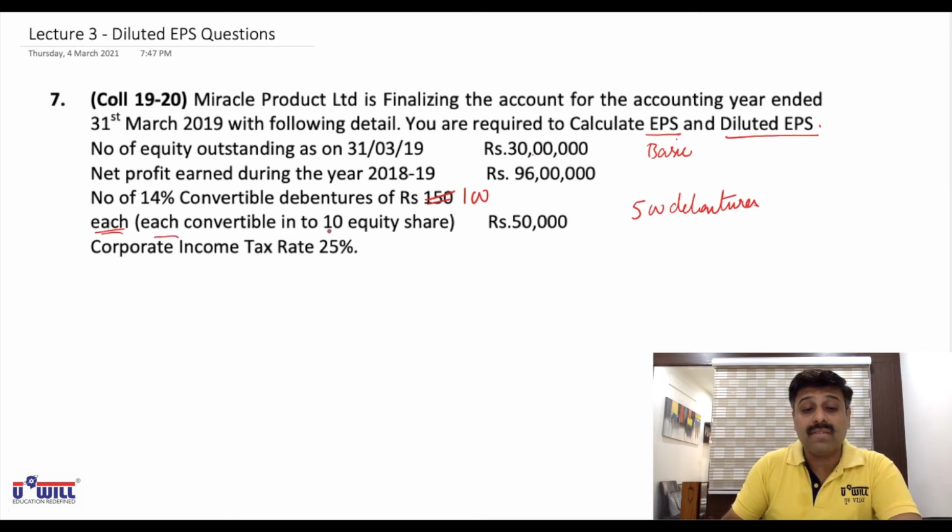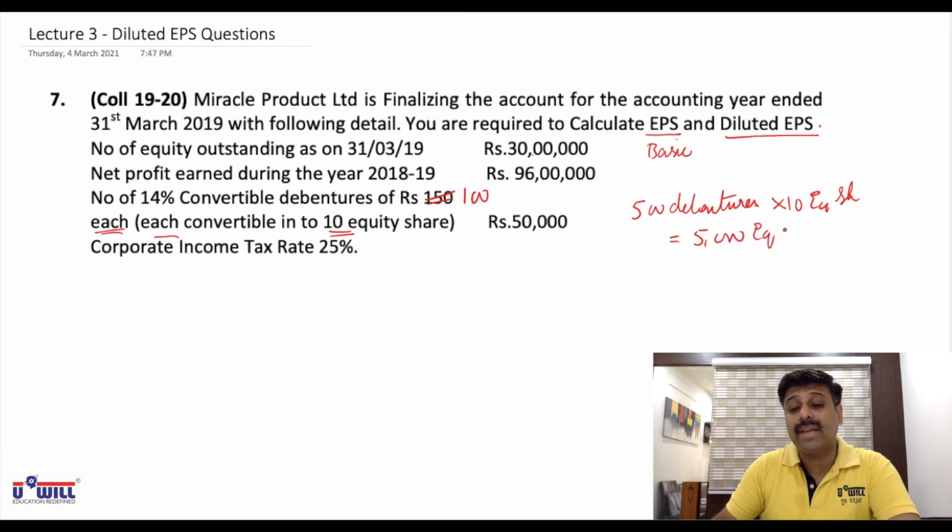Now each is convertible into 10 equity shares, means 500 debentures into 10 equity shares. They will become how many equity shares in future? 5,000 equity shares in future. These are called potential equity shares.